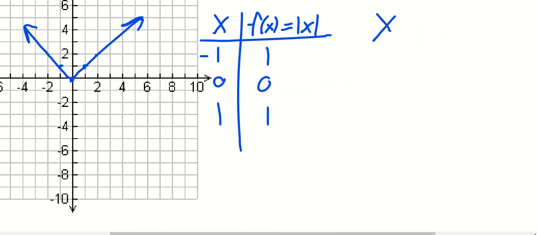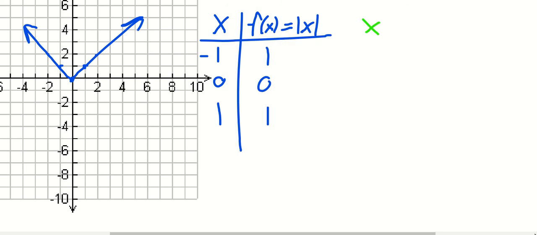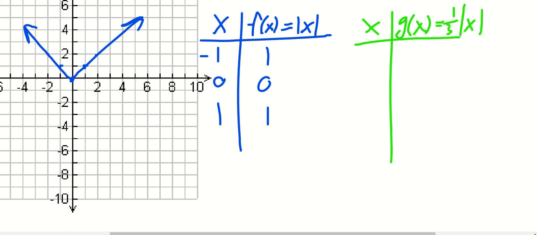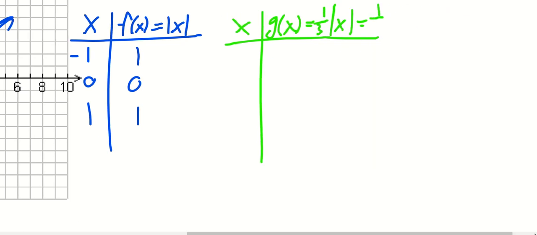And now let's look at the graph for the function g of x. I'll do this in a slightly different color, and I'm going to graph the same 3 points. So g of x is 1/3 the absolute value of x, which is simply 1/3 f of x. So we have -1, 0, and 1.